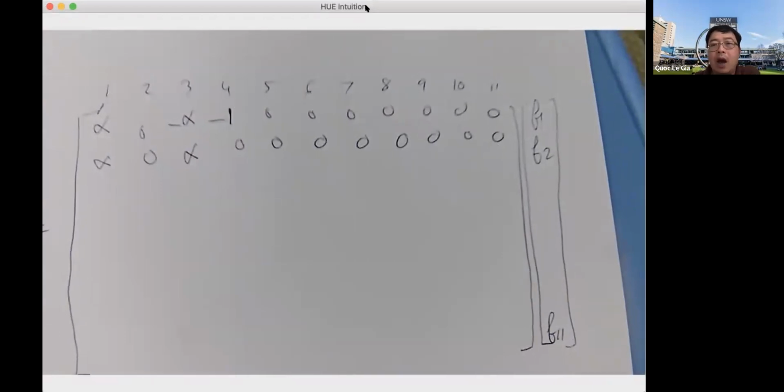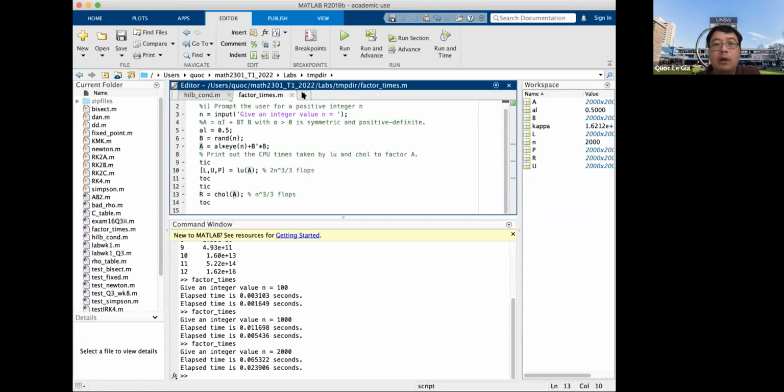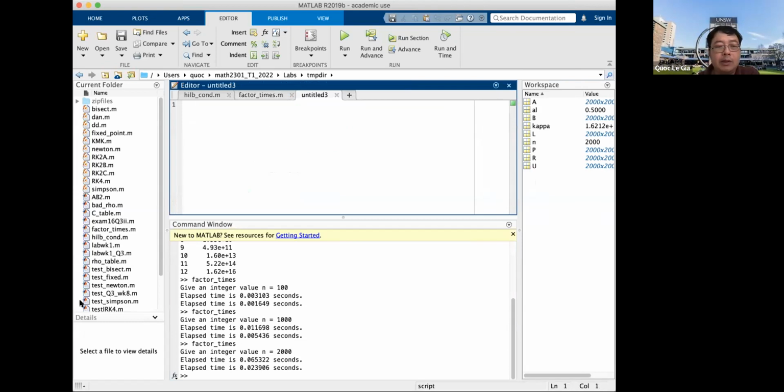So now I'm going to MATLAB and I'm going to set up this matrix.